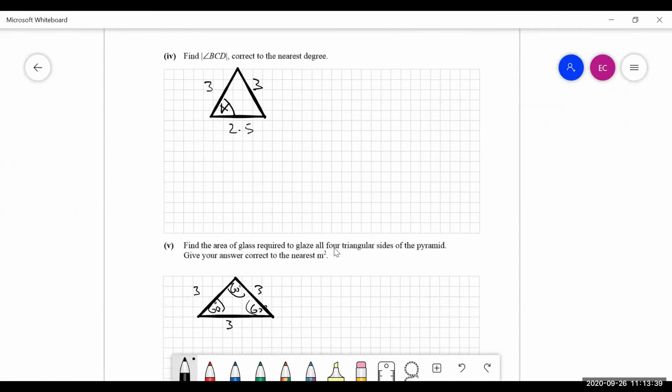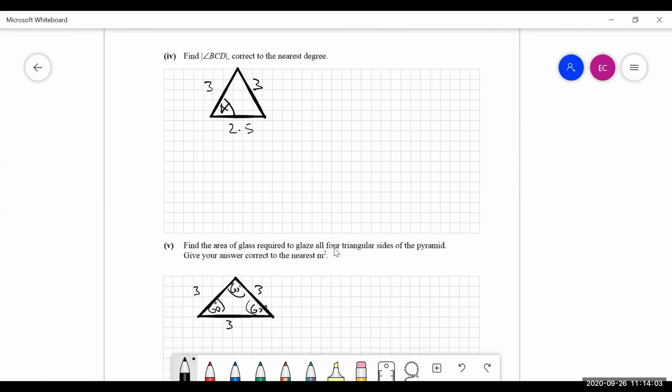So I've gone on to another screen here, but I've drawn out the triangle, the isosceles triangle that we're going to be working with here. So we know two sides are 3 meters and the base is 2.5 meters. Now there's two ways of approaching this.